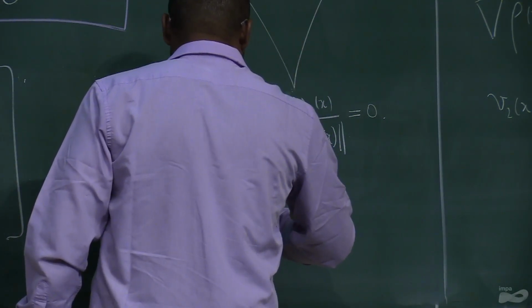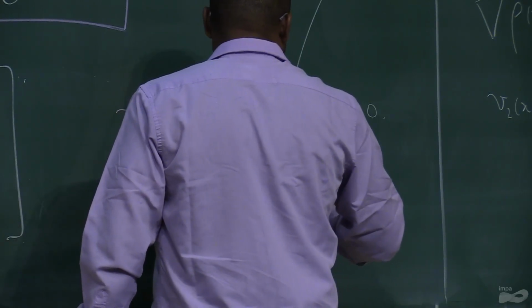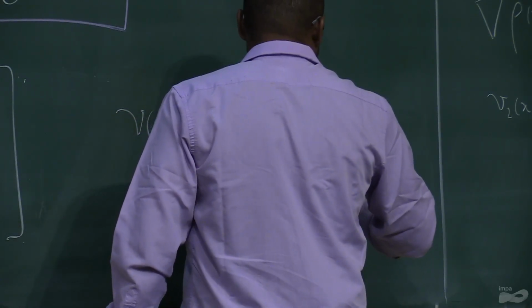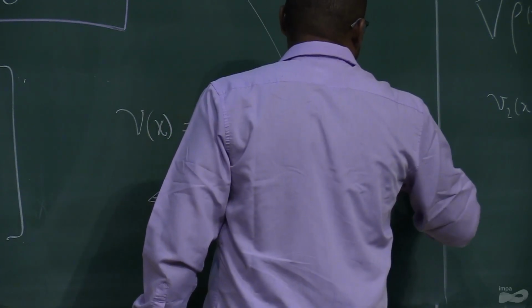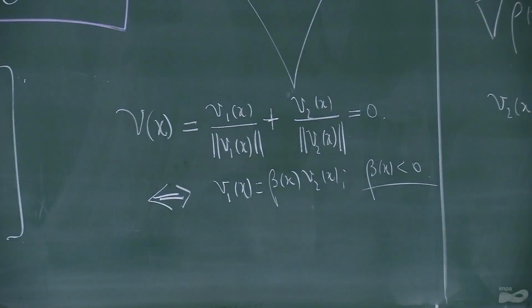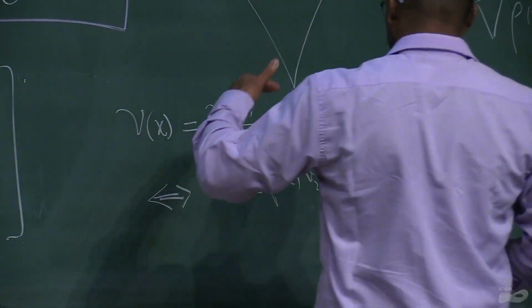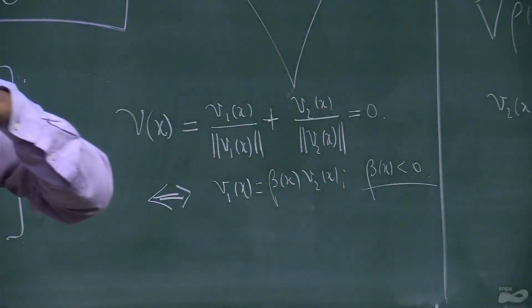So V1x is something like beta x V2x for some negative beta, okay? And let's see that we can remove some possibilities, but not everything at the moment.